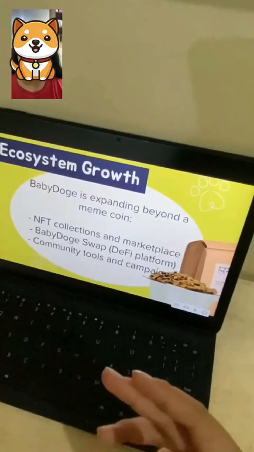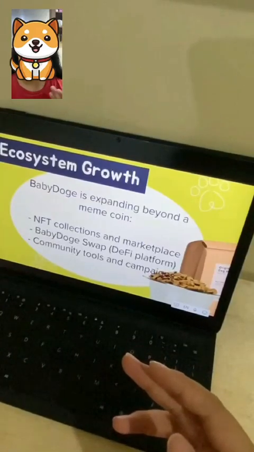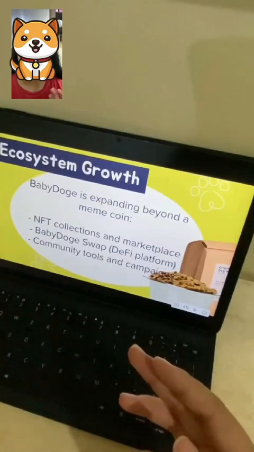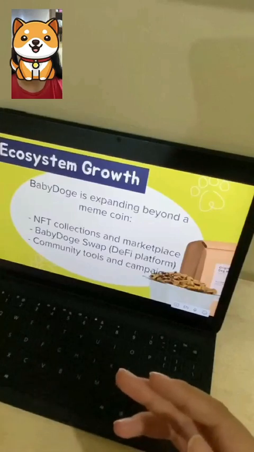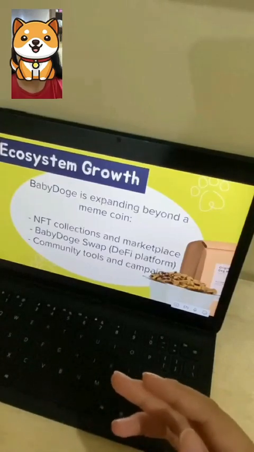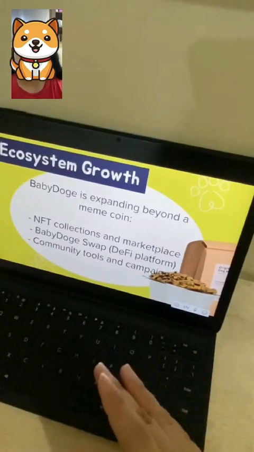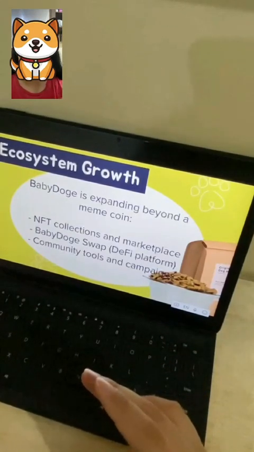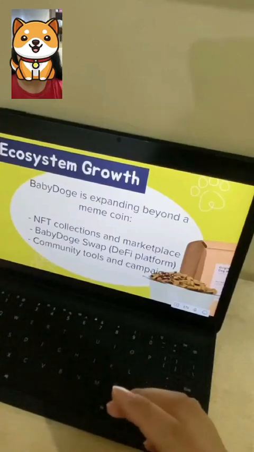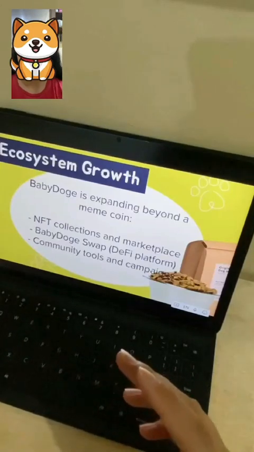That is the growth of Baby Dutch. It has Baby Dutch Swap, a DeFi platform, and there are also community tools and campaigns. That is why Baby Dutch is expanding, not just as a meme coin, but with ecosystem growth.